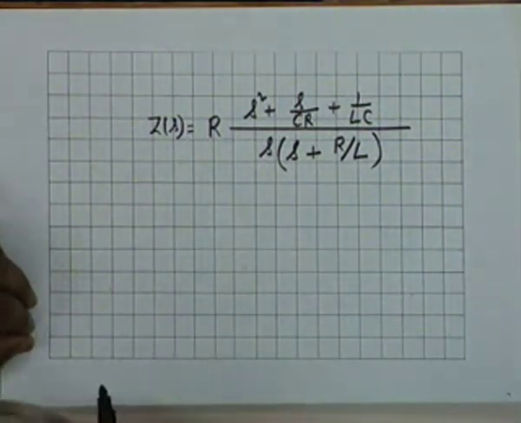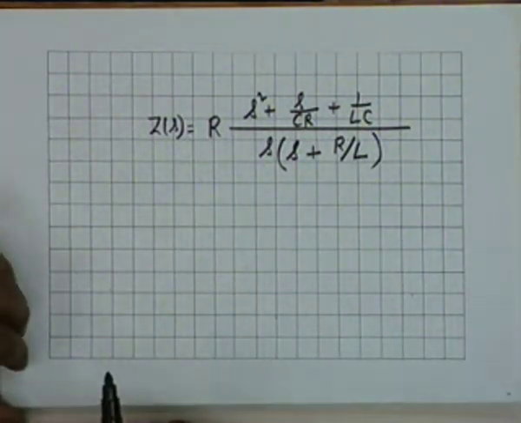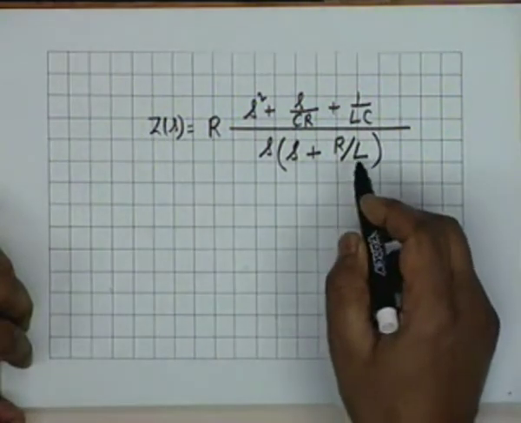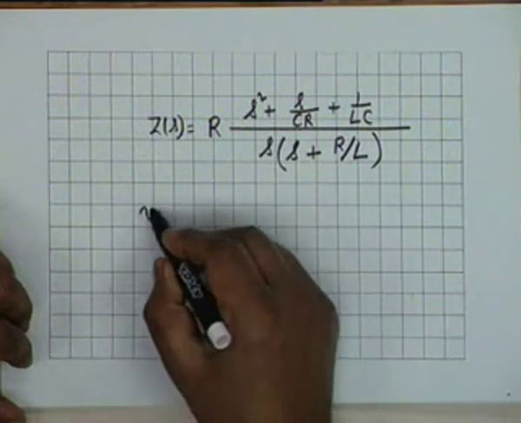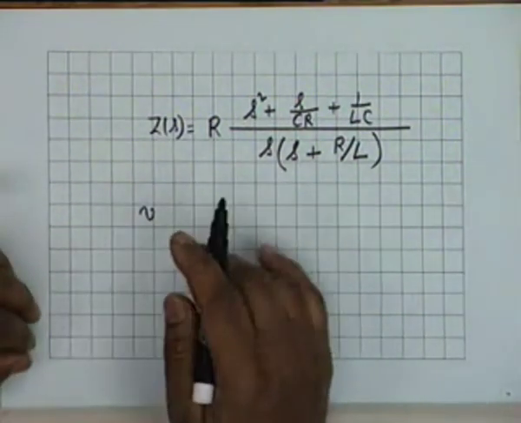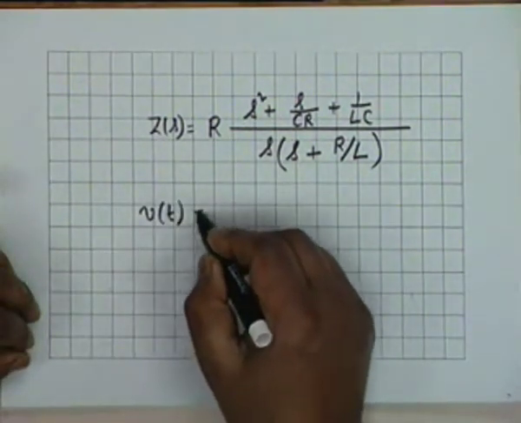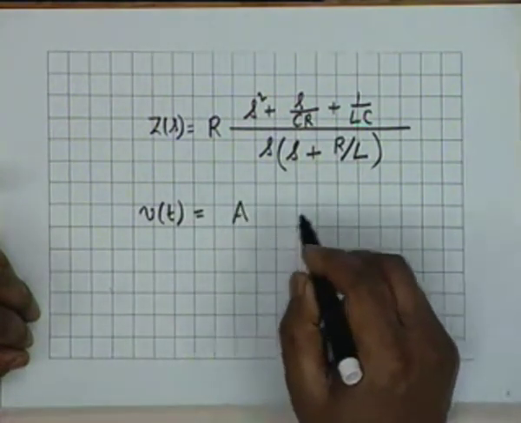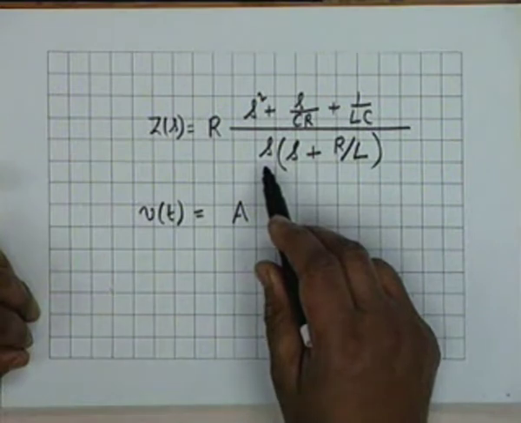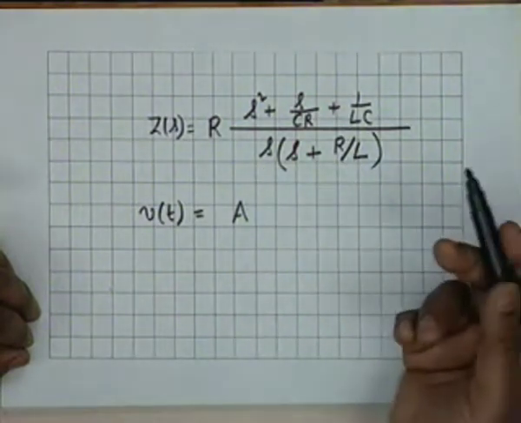Now we are trying to find the natural voltage response, and therefore our natural frequencies are the poles. So I know, without doing any more manipulation, that v of t shall be of the form A e to the power... where are the poles? One at the origin and the other at minus R by L.